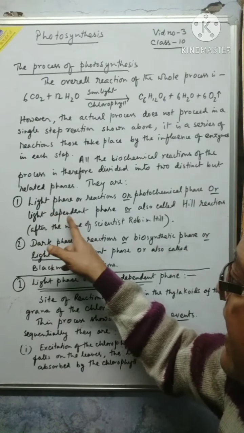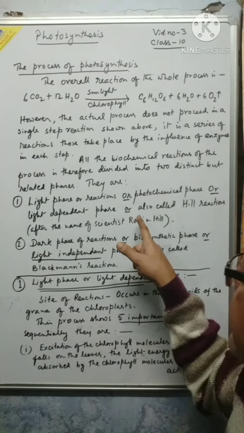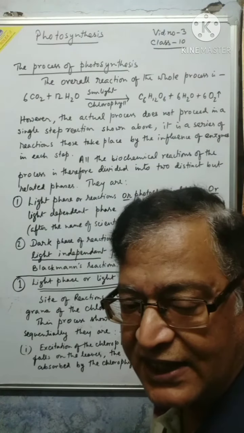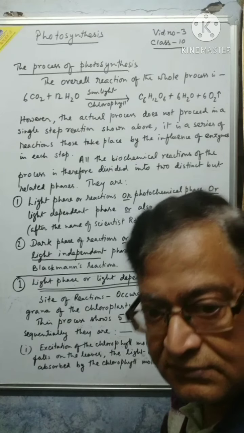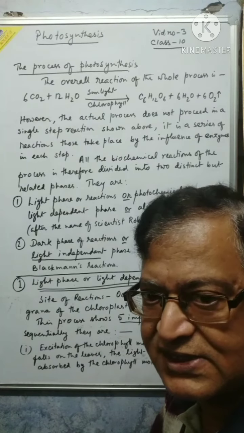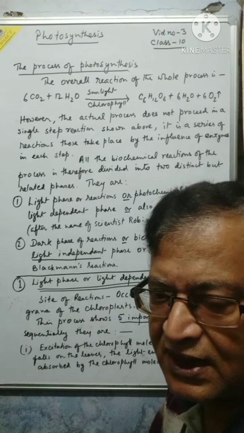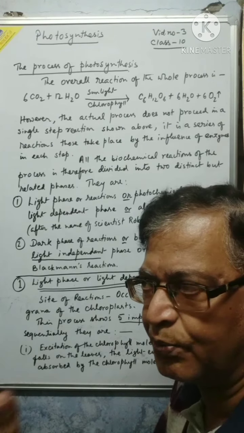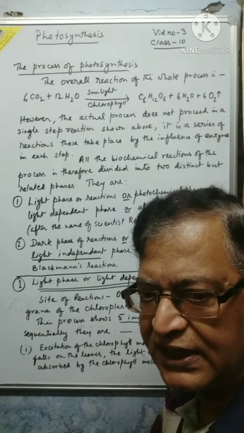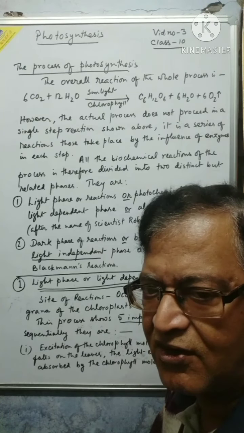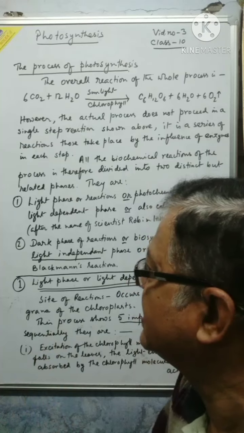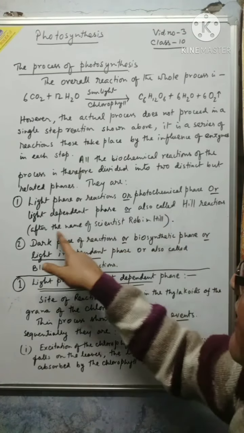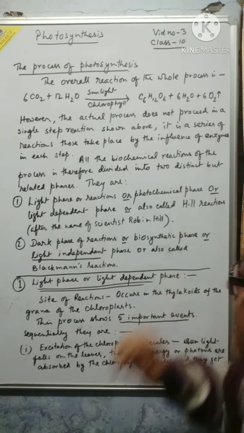It is also called Hill reaction. In fact, Robin Hill, the English scientist, first discovered the process, though reactions and opinions were different, but he first focused on the process of light reaction. That's why after his name it is also called Hill reaction.